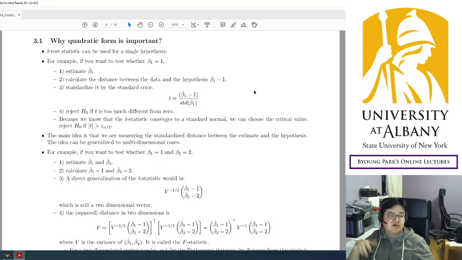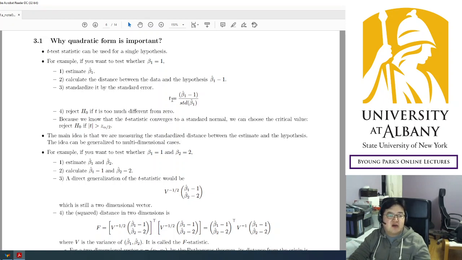As I said, we are interested in this distance. So t is a standardized difference between the data and the hypothesis.